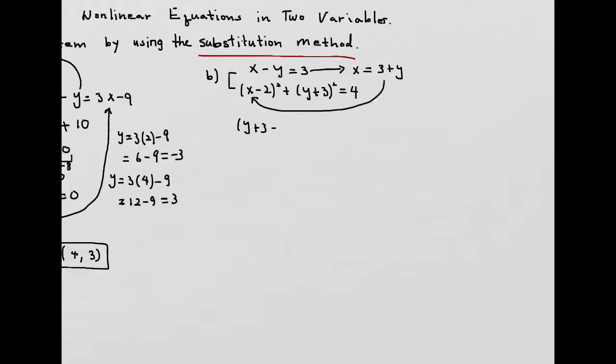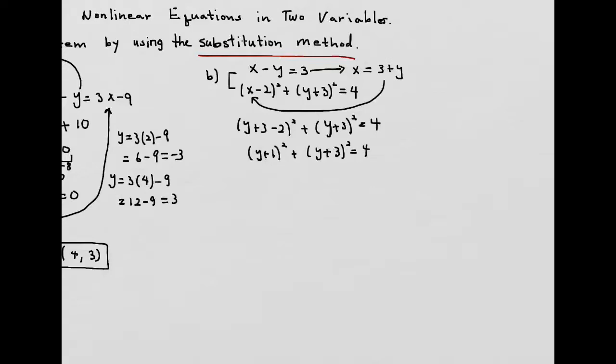And minus 2 squared plus y plus 3 squared equals 4. That gives you y plus 1 squared plus y plus 3 squared equals 4.